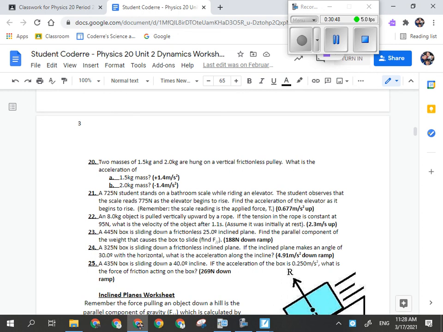The bathroom scale is reading the upward force. It's reading the force of the floor pushing on their feet. So it's equivalent to that upward force of the cable that we were talking about the other day. Whatever the scale reads is the upward force the elevator is applying. What's the downward force? Gravity. Give those two a try.